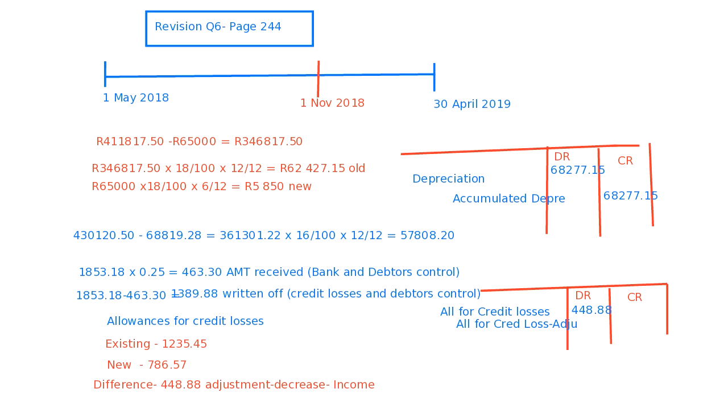So if they ask you for the general journal, it's going to look like this. But when you go to your financial statements, this amount of 448 will be under your incomes. But the amount of 786.57 will appear in your statement of financial position under your assets. I'm still going to show you how to do that, because the allowances for credit losses is a negative asset. So it must go to the asset and affect assets negatively.